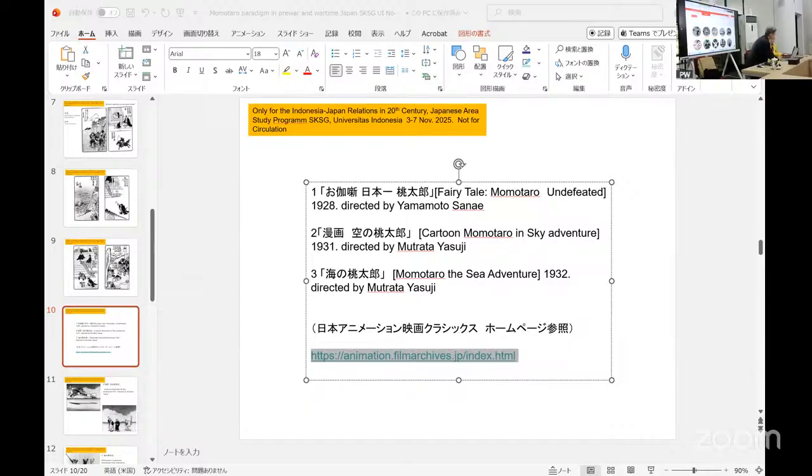Dan nanti saya mau mengintroduksikan Norakuro. It's a homeless dog of Norakuro.